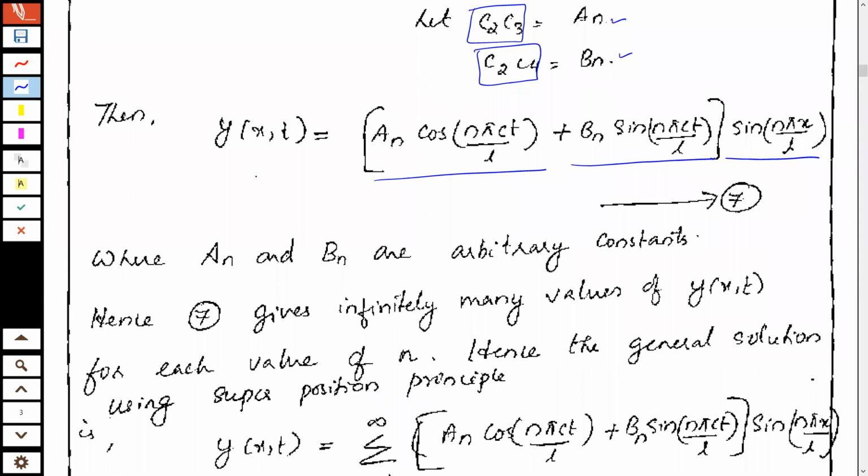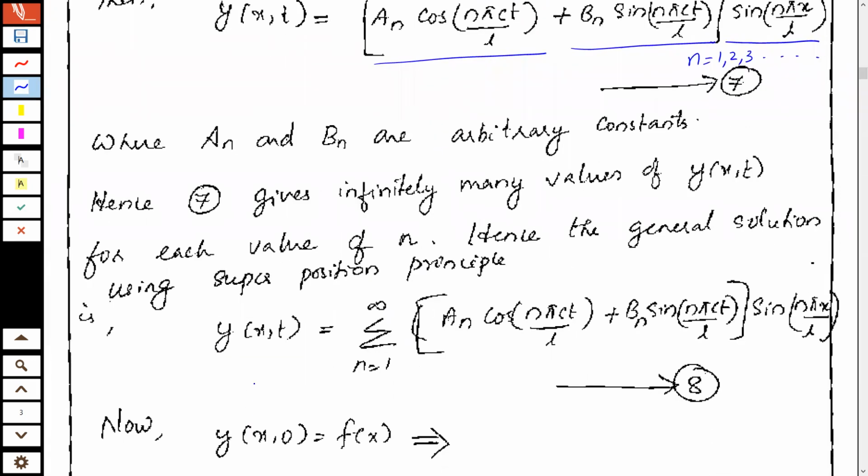And since y(x,t) is of the form An cos n pi Ct by L plus Bn sin n pi Ct by L, into sin n pi x by L, for n taking values 1, 2, 3, etc., and each solution is independent of the others, the general solution of the wave equation can be given by sigma n equal to 1 to infinity An cos n pi Ct by L plus Bn sin n pi Ct by L, into sin n pi x by L, because of the superposition principle.